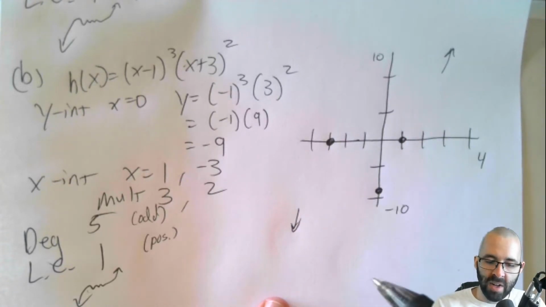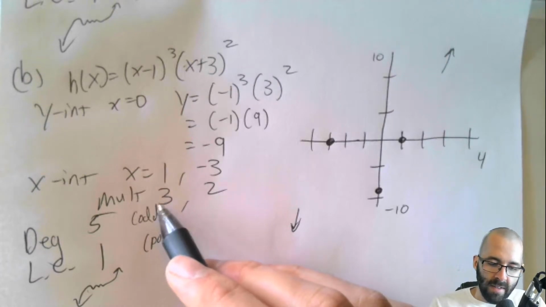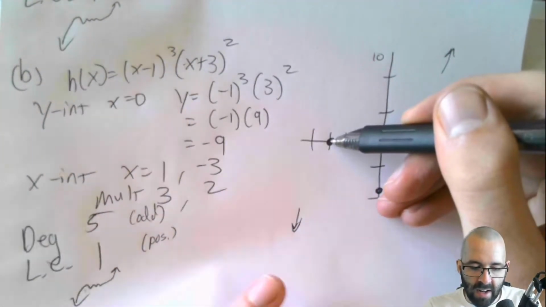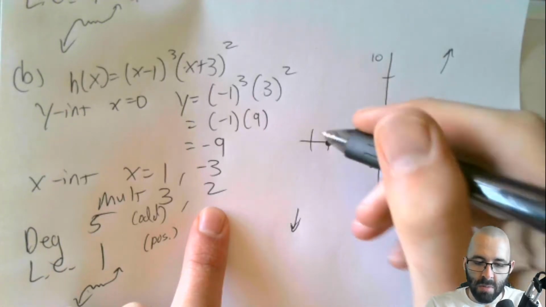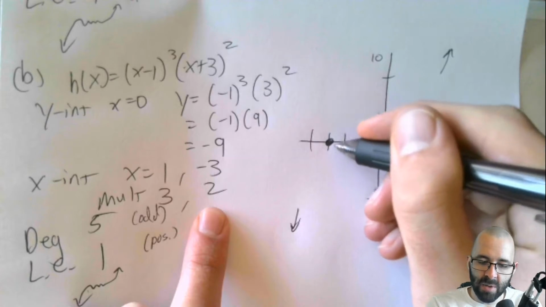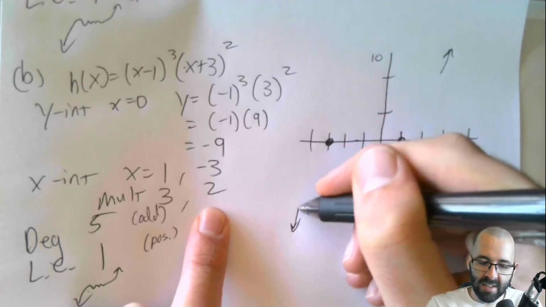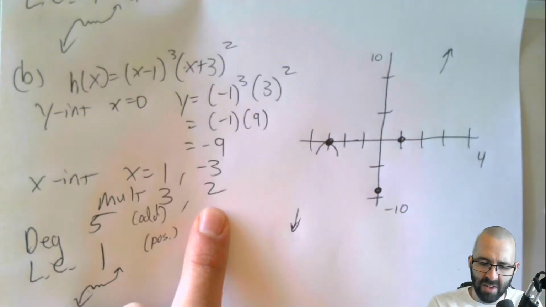Now we start incorporating information about multiplicities. This 0 right here, at -3, multiplicity is 2. So it should bounce off. Specifically, we know it's going to look like a downwards parabola because it has to connect over here. Very similar to the last problem.